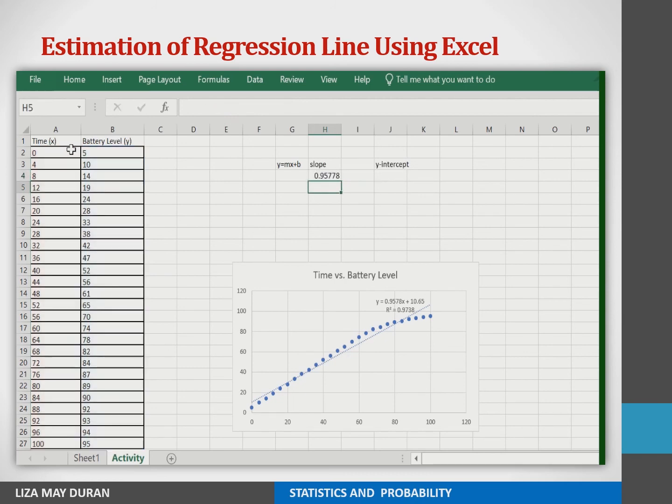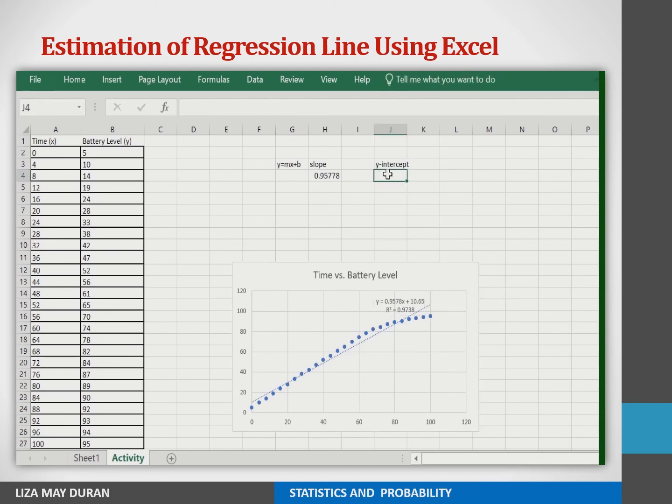So here it is, our slope is given by the value of 0.95778. You can actually confirm this value in your trend line in the scatter diagram.